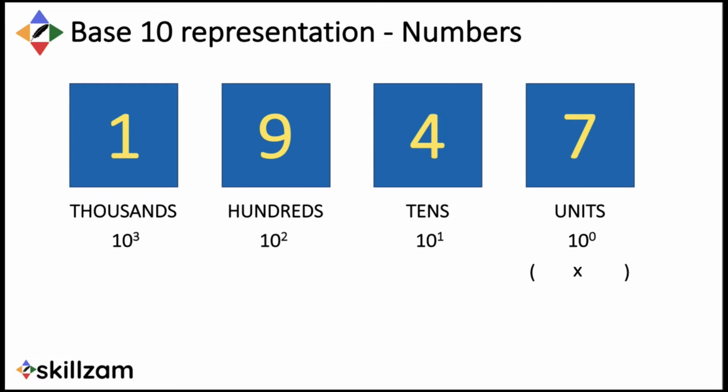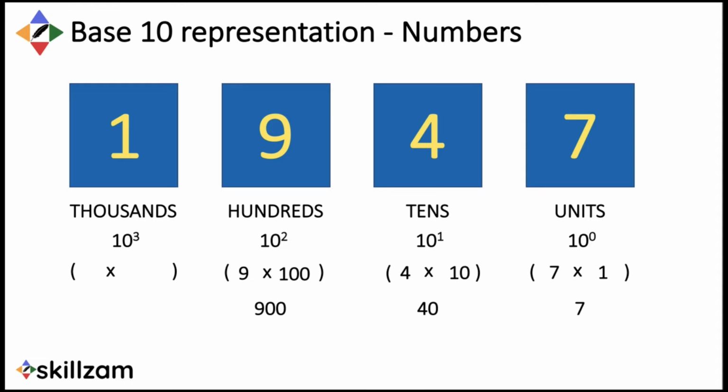Going further, as you can see, 7 multiplied by 10 to the power 0, which is 1, gives a value of 7. In the same way, 4 multiplied by 10 to the power 1, which is 10, gives a value of 40. Again, 9 multiplied by 10 to the power 2, which is 100, gives a value of 900.